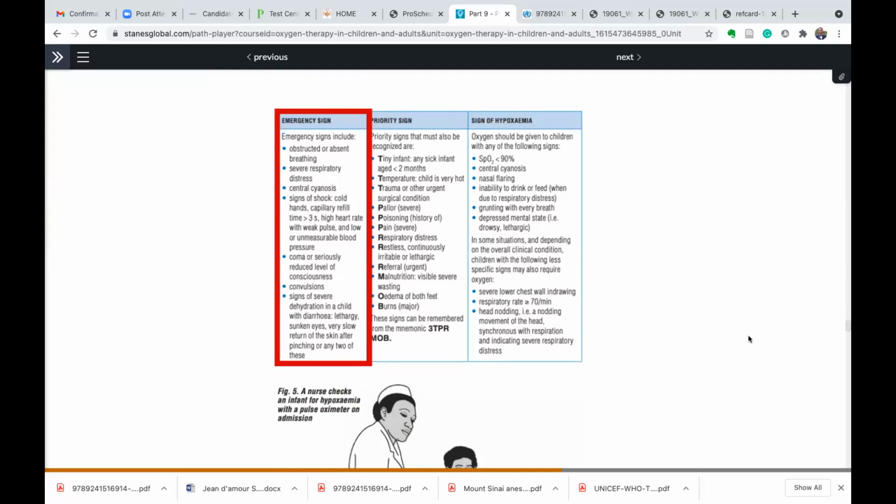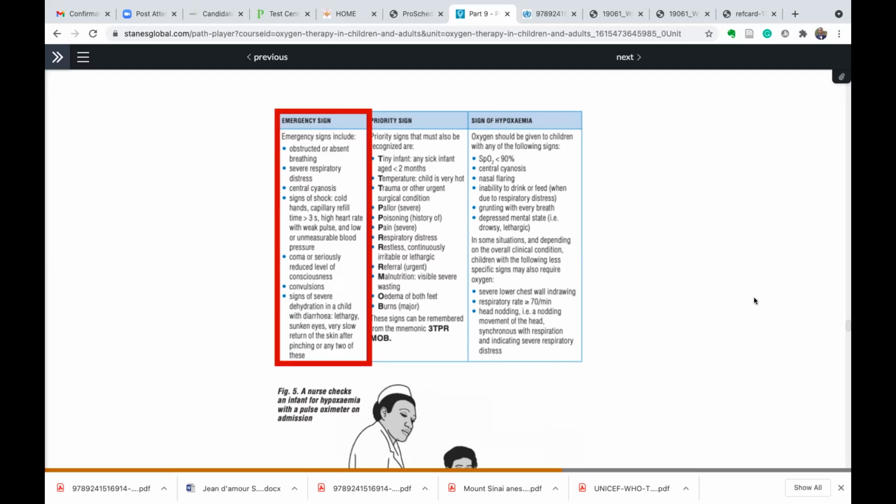So there are emergency signs which may include obstructed or absent breathing, severe respiratory distress, central cyanosis, signs of shock when the patient has cold hands, capillary refill time above 3, high heart rate with weak pulses, and low or unmeasurable blood pressure, coma or seriously reduced level of consciousness, convulsions, signs of severe dehydration in a child with diarrhea: lethargy, sunken eyes, very slow return of the skin after pinching, or any two of these.